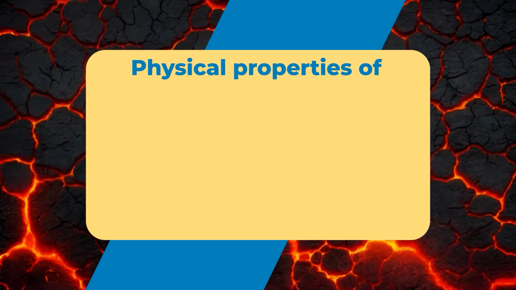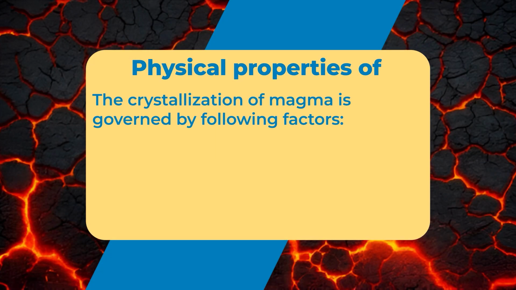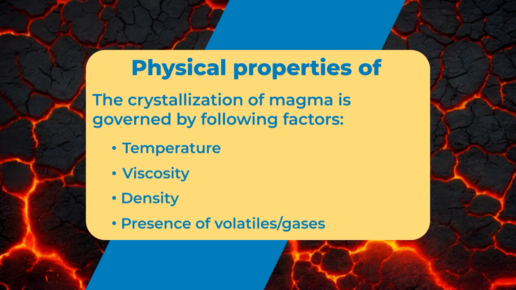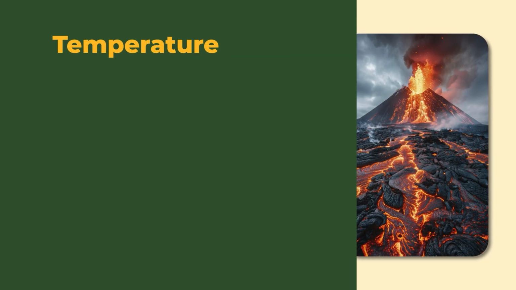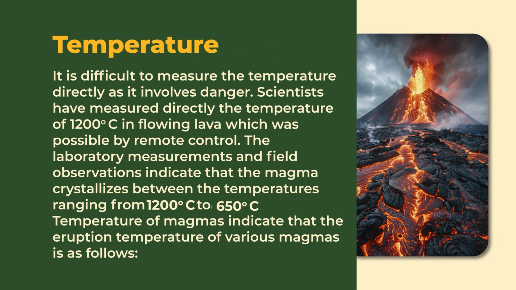Now, let us come to the physical properties of magma. The crystallization of magma is governed by the following factors: temperature, viscosity, density, and presence of volatiles or gases. Temperature: it is very difficult to measure the temperature directly because it involves a lot of danger.